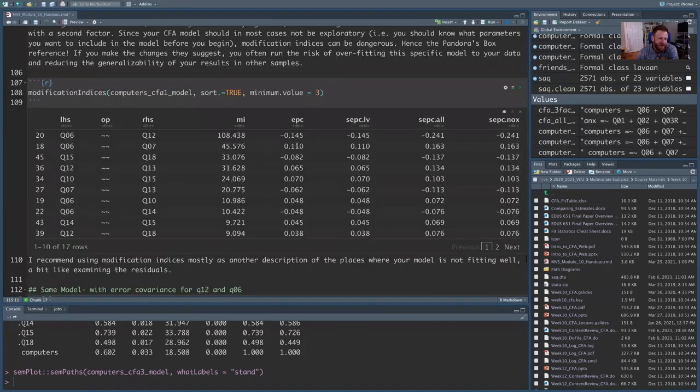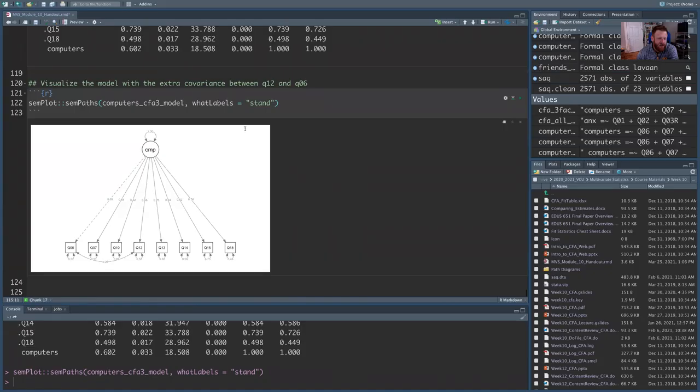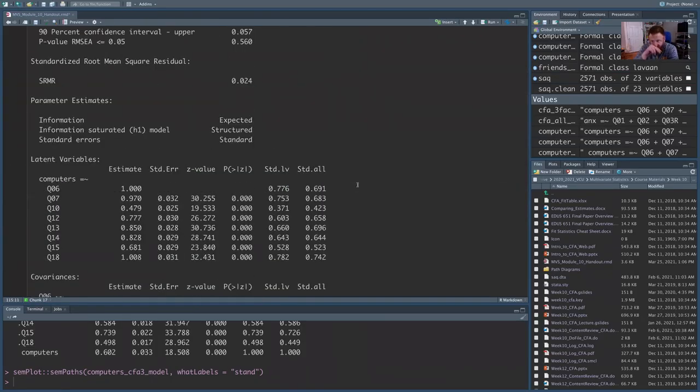And then we tested modification indices, looking at those, and also testing a modified model. So you've got some of the basic tools now to do some CFA of your own and explore some of the dimensions of how a scale might be functioning. So hopefully you find that useful, and we'll talk soon.